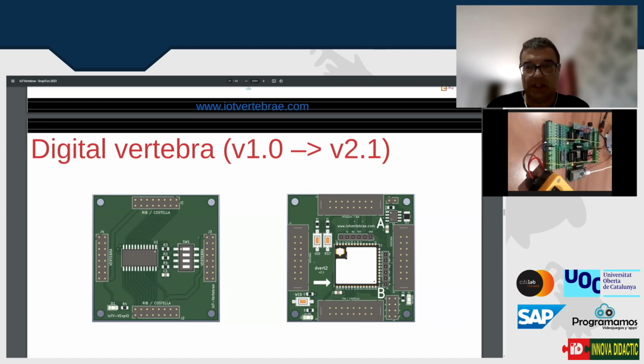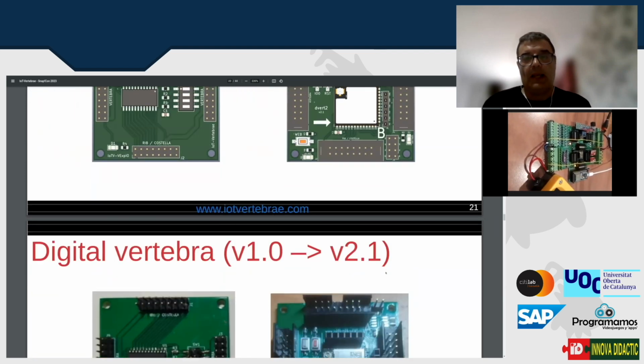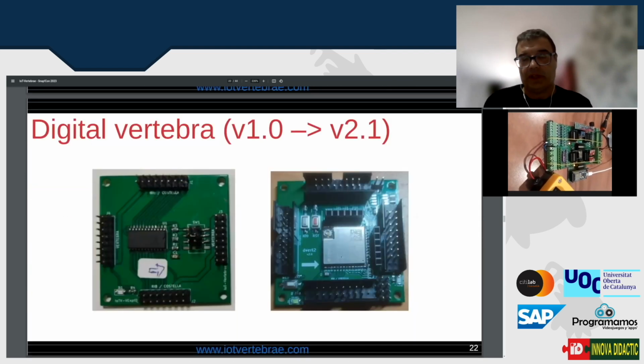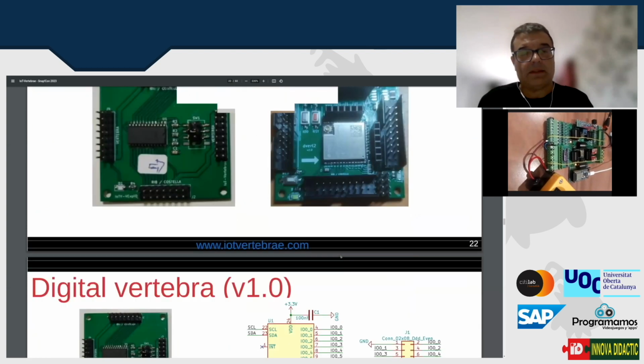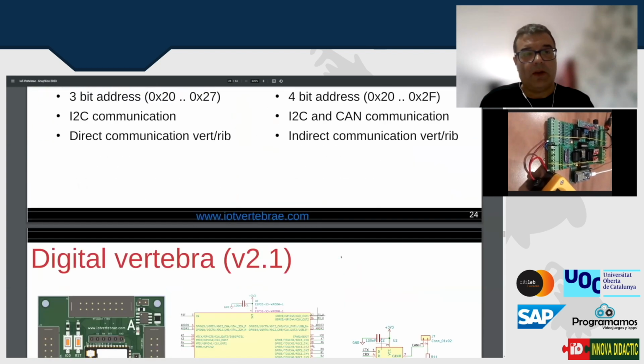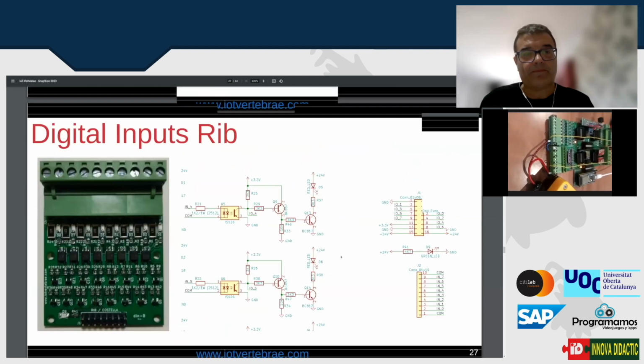We can use just the CAN bus chip, or here a module. And here is the picture of the ESP32 S3 in the analog vertebra.